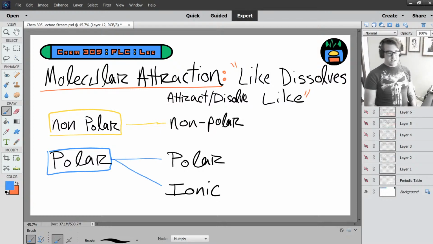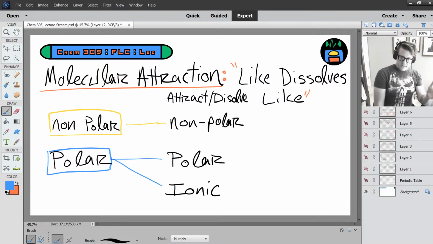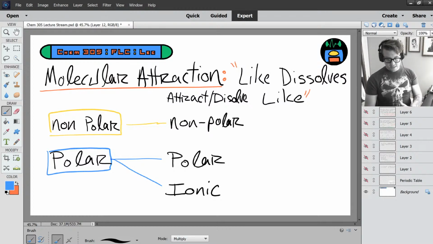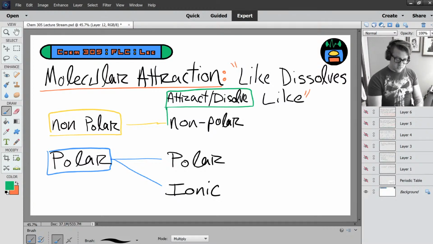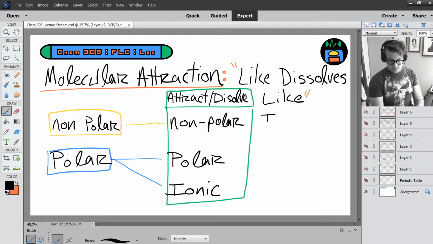All right? And if you're going, well, wait a minute, if like dissolves like, I get why nonpolar molecules can dissolve other nonpolar molecules, but why can polar molecules dissolve ionic molecules? How does that work? All right? And here's why. Remember, if you're ionic, that means you're either positively charged or negatively charged, right?